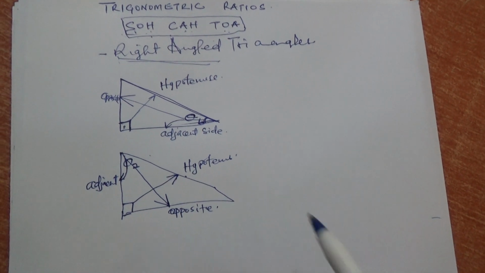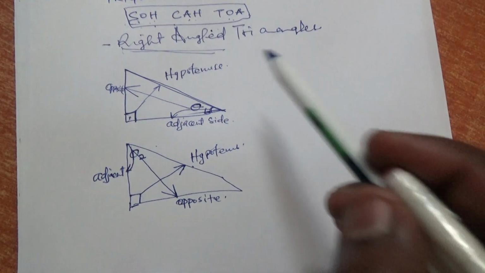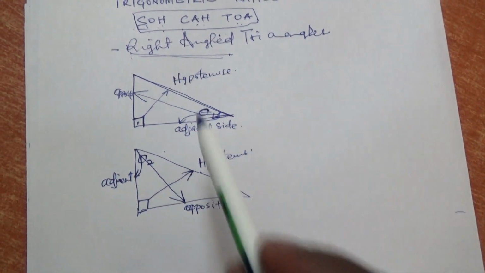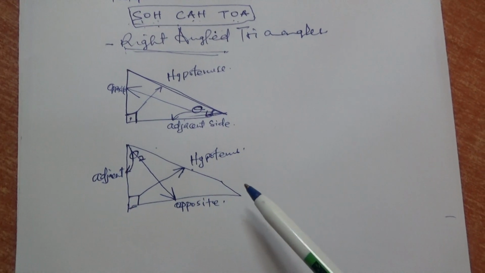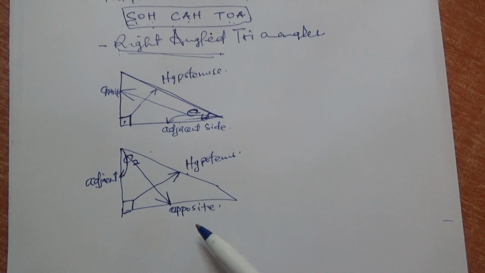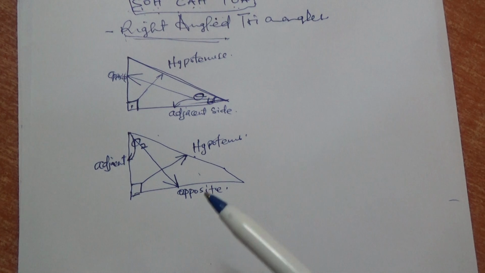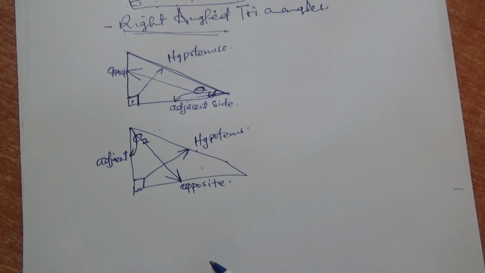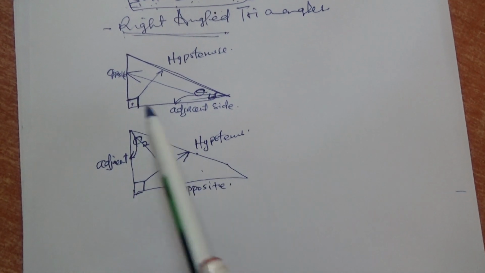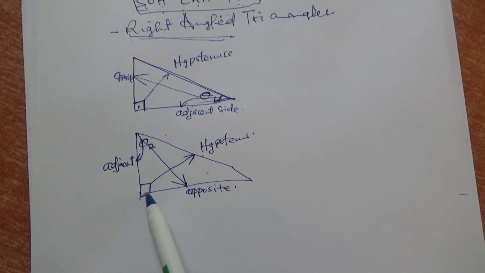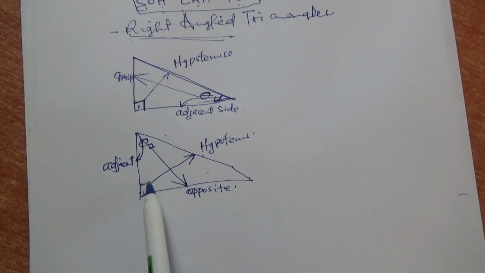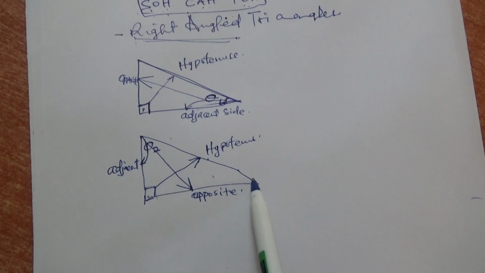First of all, I said the SOHCAHTOA principle is only applied in right angled triangles. Again, how do you find these dimensions in this triangle? I said the longest side, or the side that is directly opposite this right angle, is the hypotenuse.